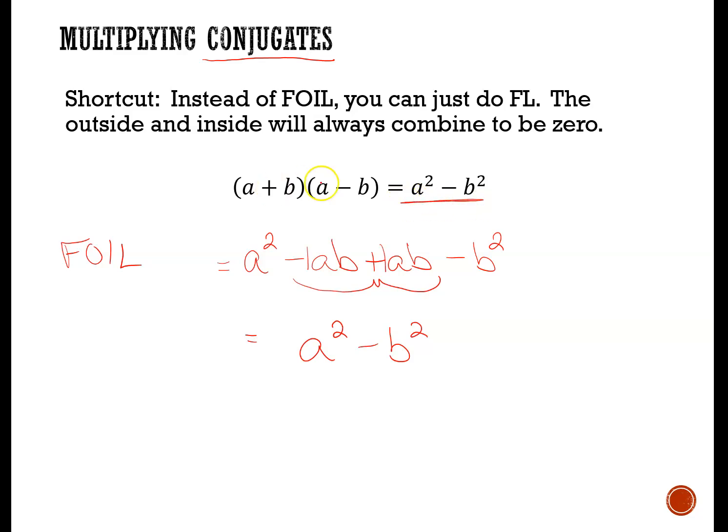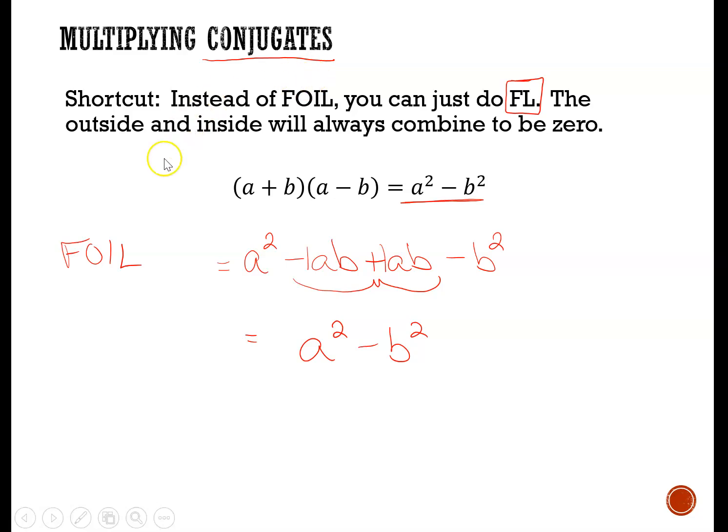So it turns out that when they are conjugates, the outside and the inside will always be opposites and will always combine to be 0. So it is not necessary to even go through the work of doing outside and inside. You can just do first and last.